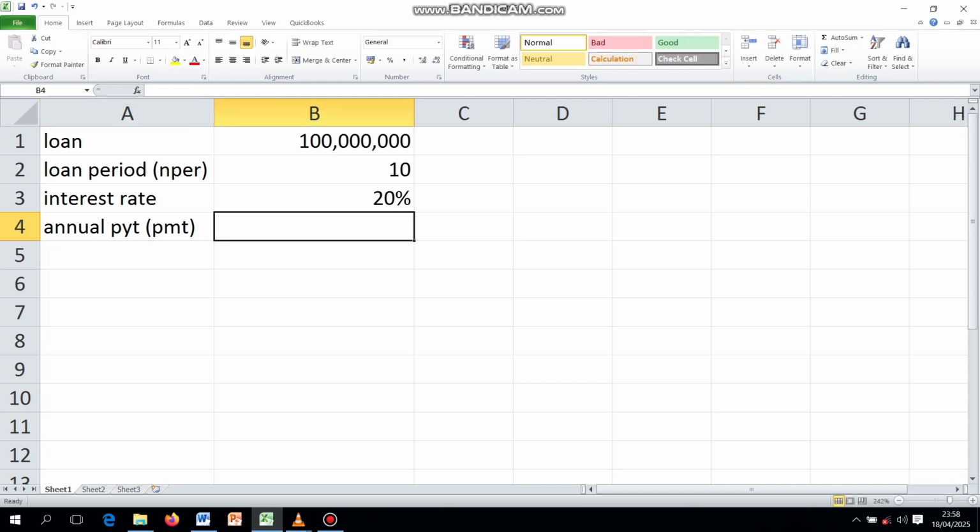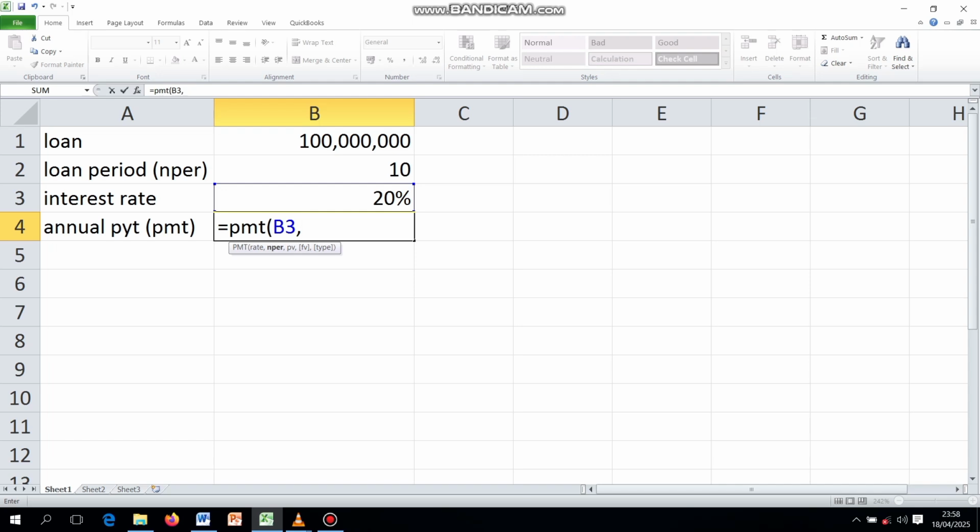For it, I'll get it with the formula, which is the equal sign, PMT, in the bracket, then I get the rate, which is 20%. I'm not going to divide it because it is per annum, and what we want to get is the payment per annum.